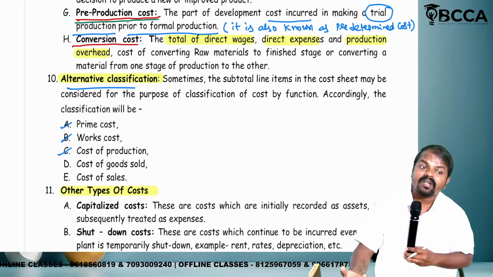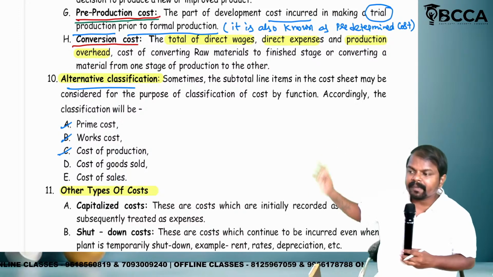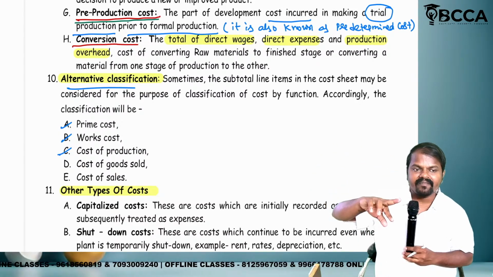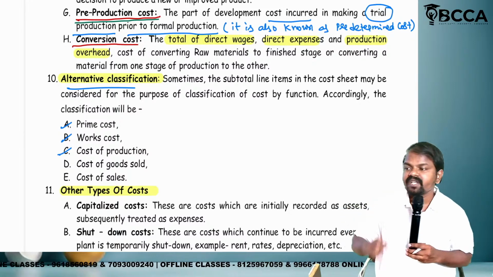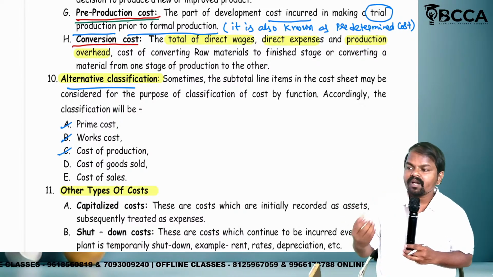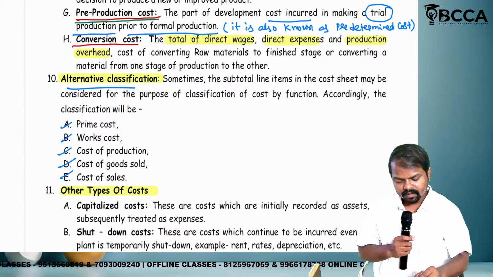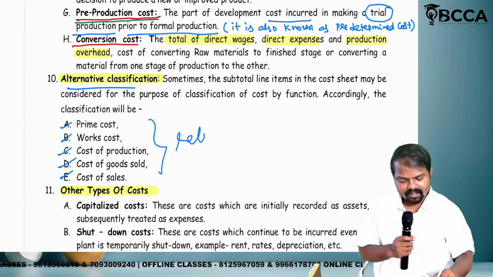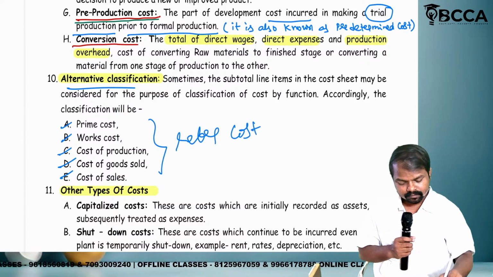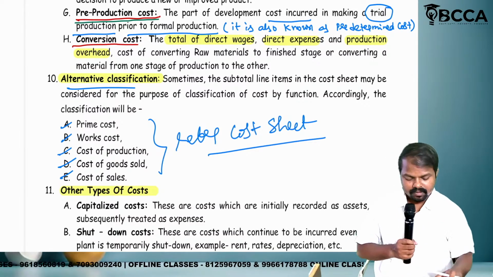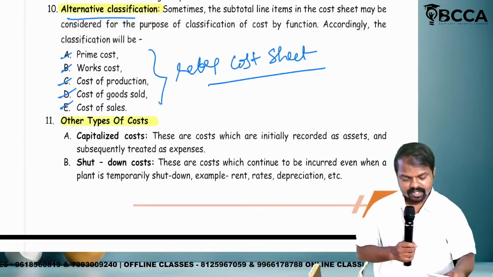Cost of goods sold: cost of production plus opening stock of FG minus closing stock of FG. Plus SOH will be referred as cost of sales. All of this, refer to the cost sheet.